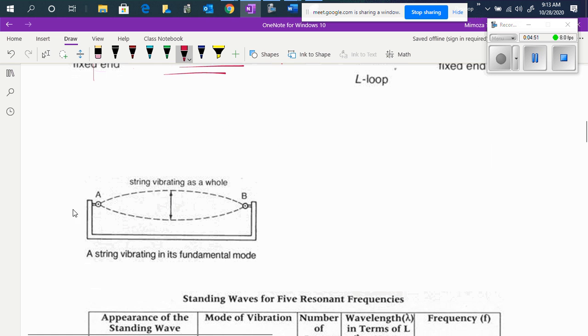So we have a string with both ends fixed, like fixed point A and point B. An example of this is a guitar string, or a violin string. When you vibrate it, the string will vibrate as a whole, going up and going down.